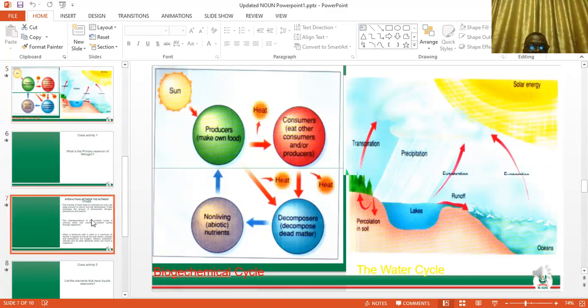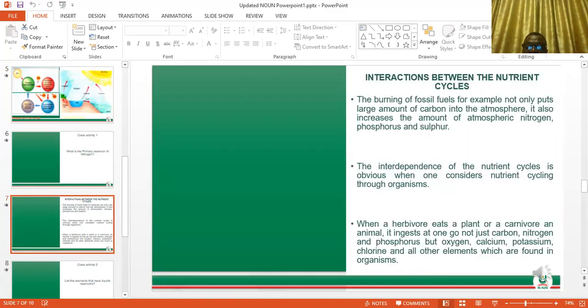And we went on to talk about the interaction between nutrient cycles, that the burning of fossil fuel, for example, not only puts large amounts of carbon into the atmosphere, it also increases the amount of atmospheric nitrogen. That is why there is clamor for the reduction of this activity.